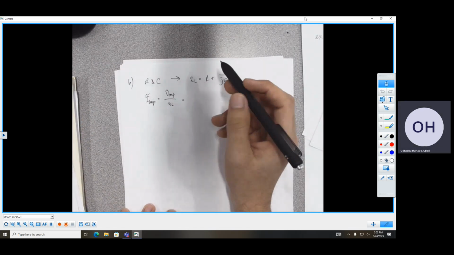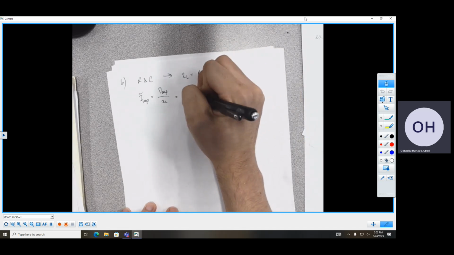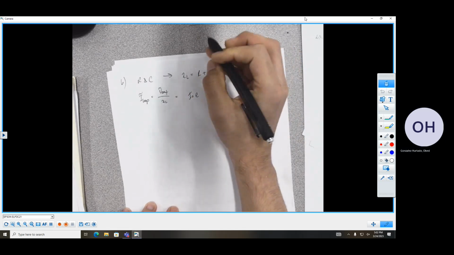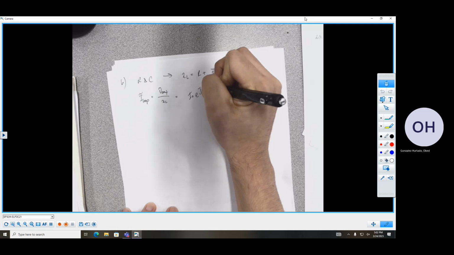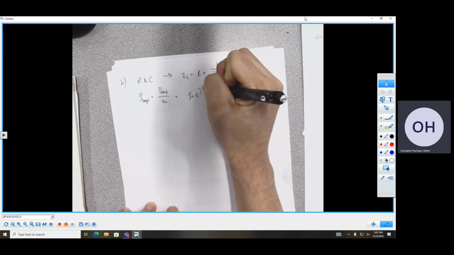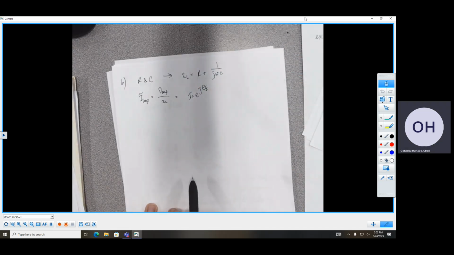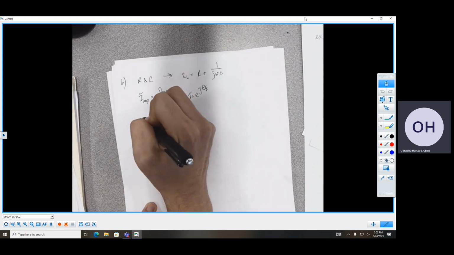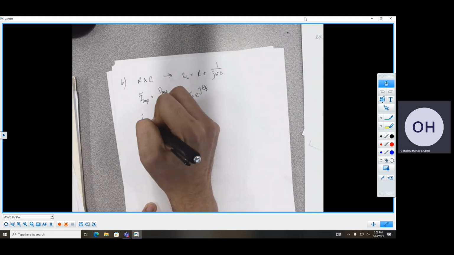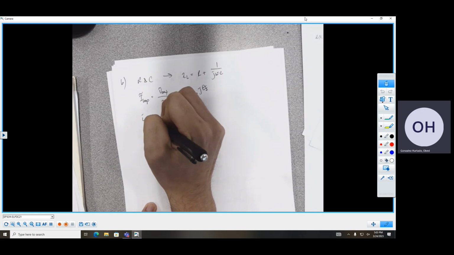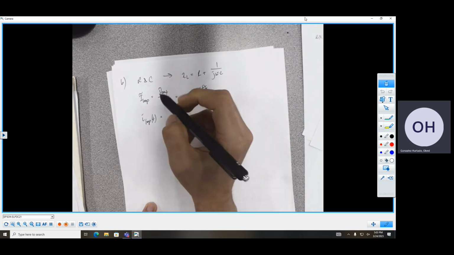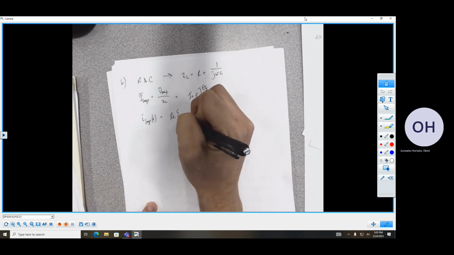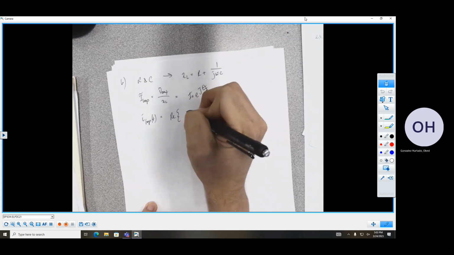And then we'll end up with something like that. And then since it's asking for time varying, we would just take the real part of our loop.